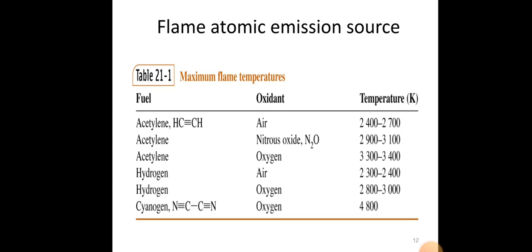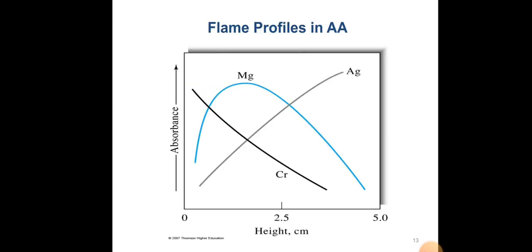The last one is the highest temperature flame. As you can see, the temperature of a cyanogen-oxygen flame is 4800 Kelvin. That is a very high temperature, but this flame is not usually used because of its danger.